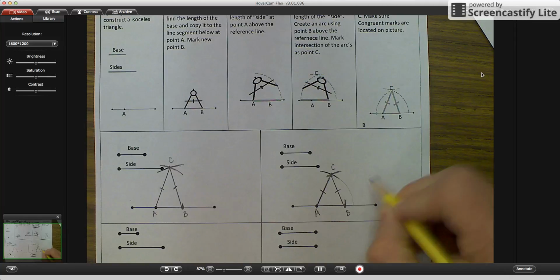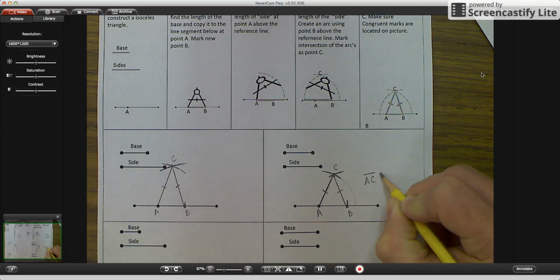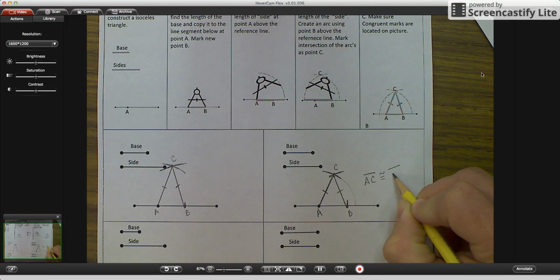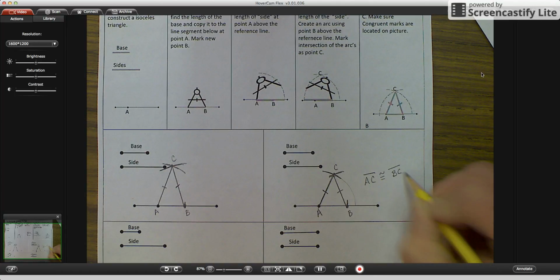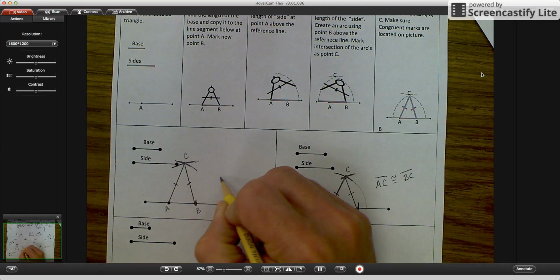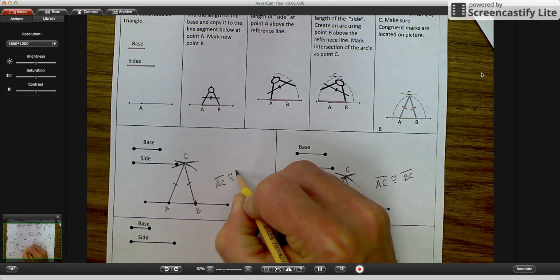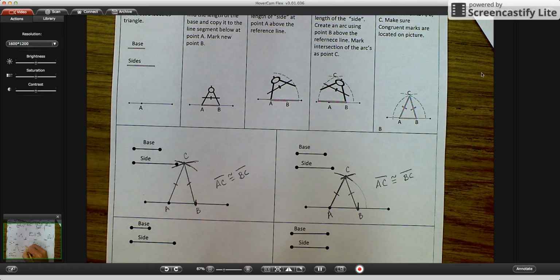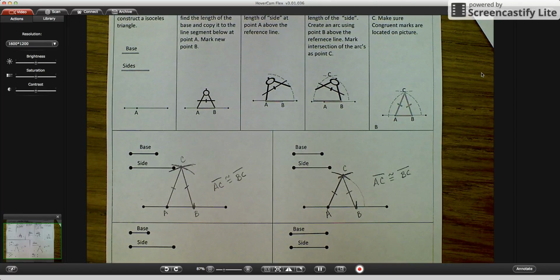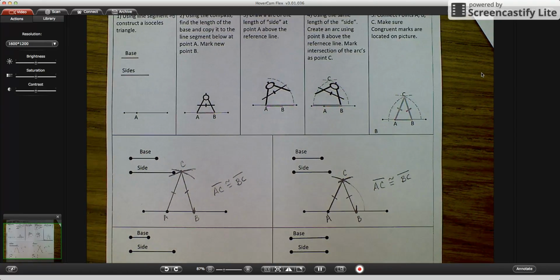And the way that you would write that these are congruent is you would say line segment AC is congruent to line segment BC. Okay, likewise over here, line segment AC is congruent to line segment BC. And that is how you construct an isosceles triangle. Have a great day.